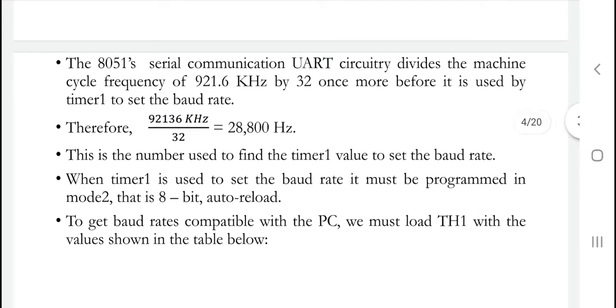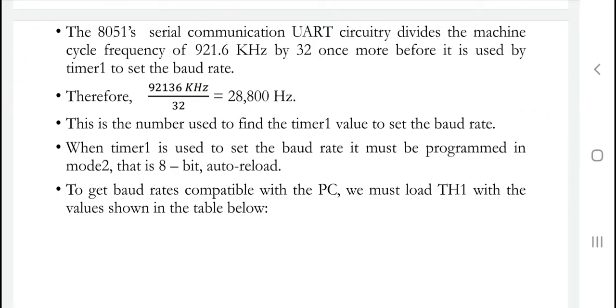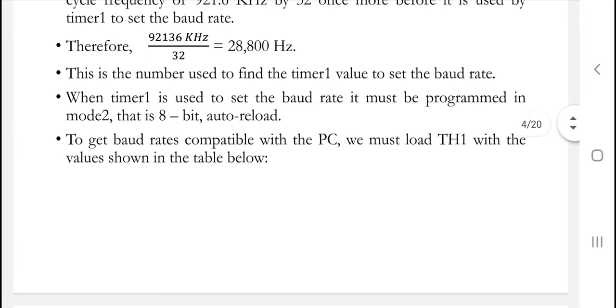So the baud rate is now fixed to 28,800. That 28,800 must be the timer 1 value for initializing the baud rate. When timer 1 is used, it must be in mode 2, that is 8-bit auto reload mode. That can be studied in the timer different modes.